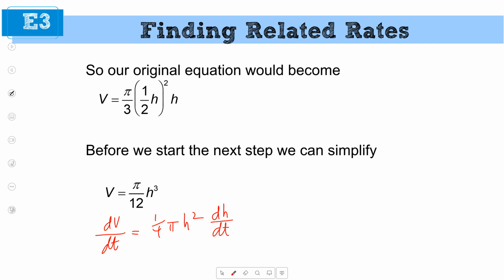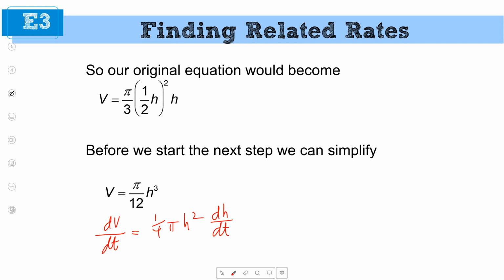Bethany, how many unknowns? Got it. 3. Beautiful. Do we know at least 2 of the 3? Yeah, we know H. We know H is 3.